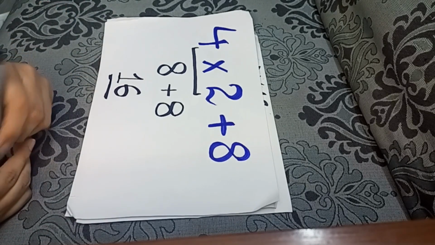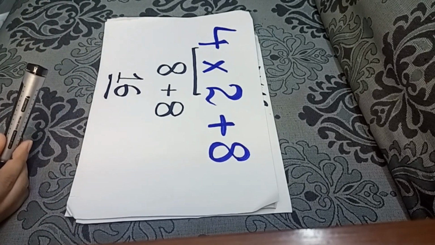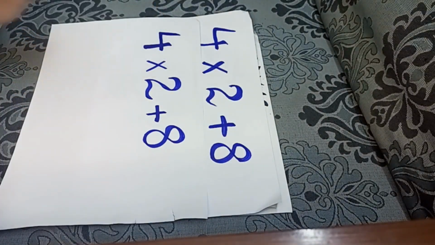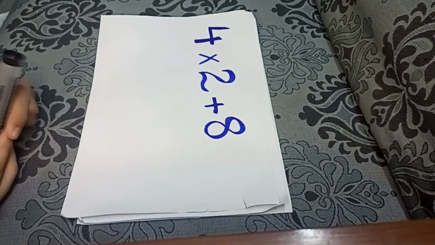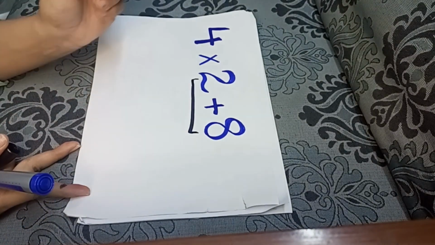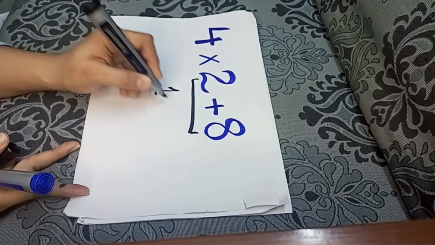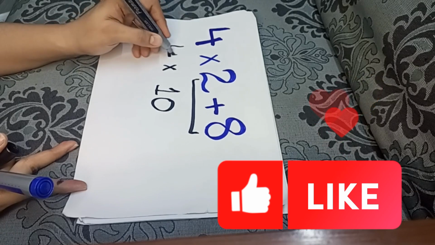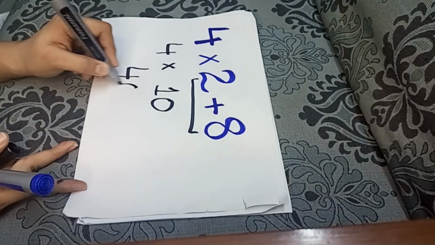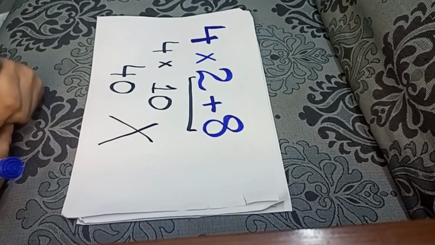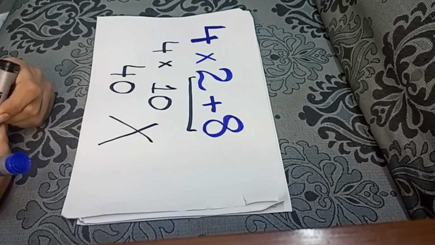Let's solve the same question without BODMAS. For example, the question is 4 multiplied by 2 plus 8, the same question. But if we don't follow BODMAS, we add these two numbers first. 8 plus 2 is 10. And we have to multiply with 4. That is 40. Which is wrong. Why? Because we need to follow BODMAS.